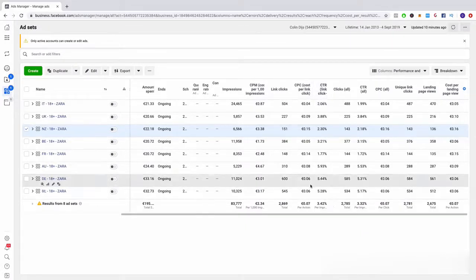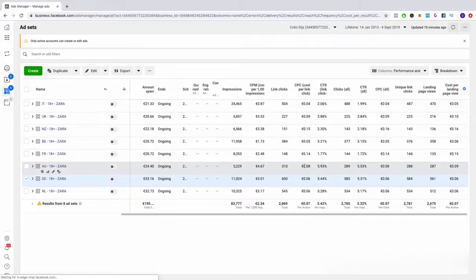If you could reduce your CPC by 50%, you would make twice the amount of money. Going from 6 cents per click to 3 cents per click, with the landing page click-through rate and the conversion rate fixed, you would increase your ROI by 100%. That's why these metrics are so powerful as an advertiser.